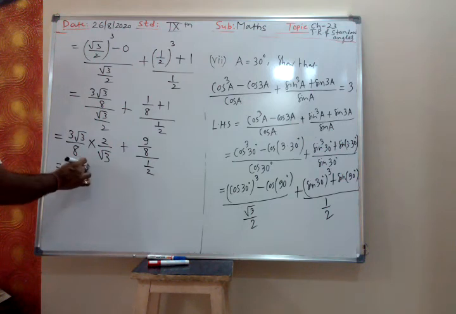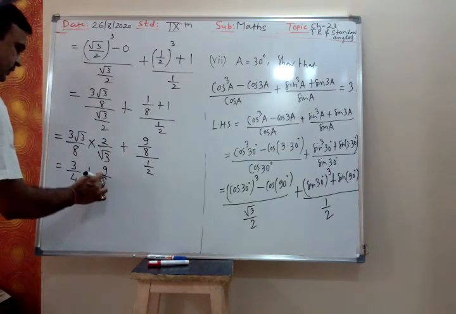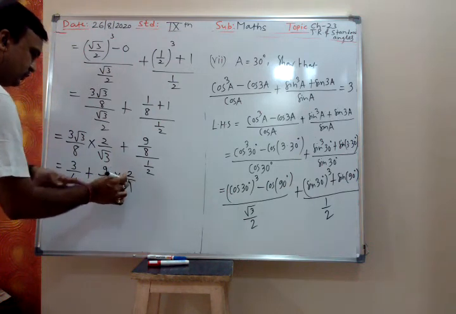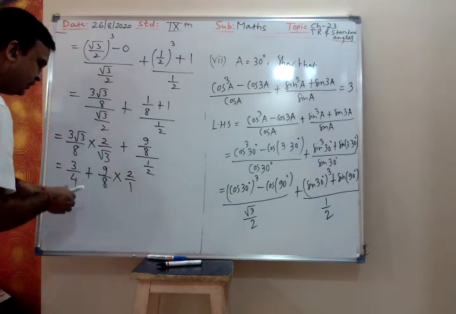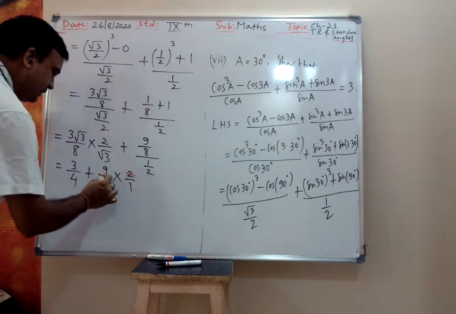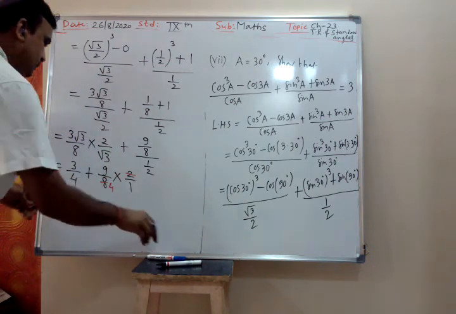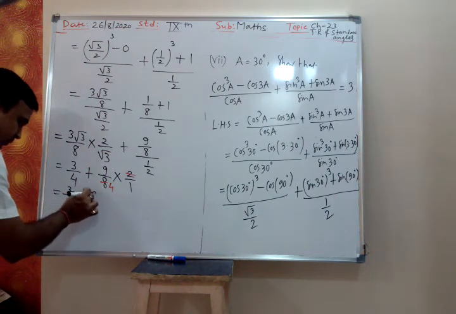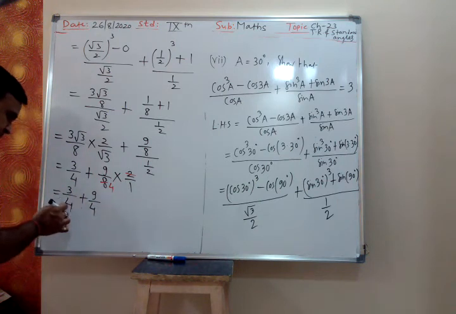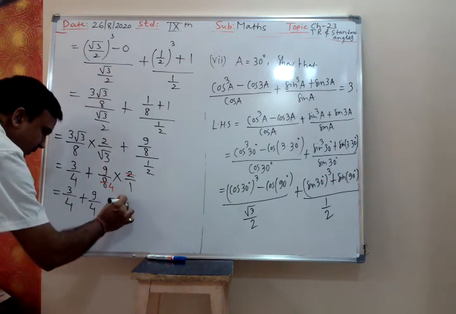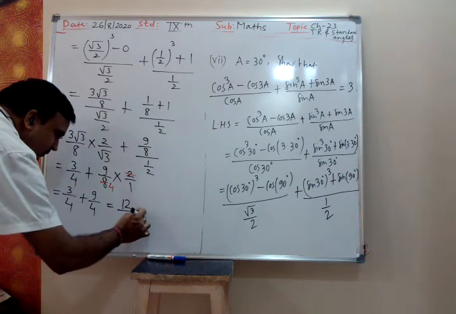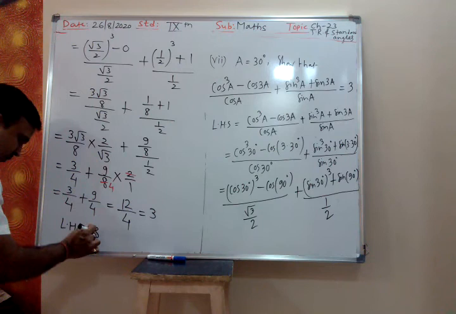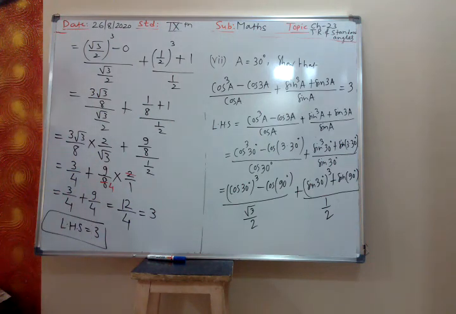Plus 9 upon 8 divided by 1 by 2 is the same as multiplied by 2 upon 1. So 2 4s are 8, you can cancel, so that will be 3 by 4 plus 9 by 4. Are you getting? 3 by 4 plus 9 by 4 is 12 by 4, and 12 by 4 is nothing but 3. So my left hand side is 3.